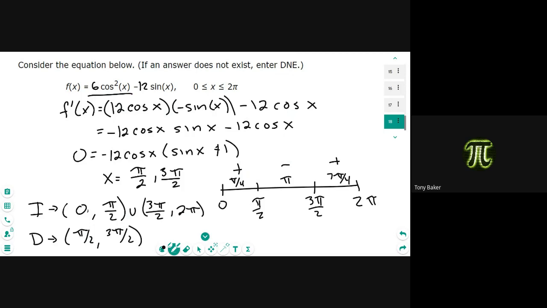It doesn't change our actual answers for the pi over 2 and 3 pi over 2, because sine would only be negative at 3 pi over 2, which is still there. It does switch our increasing and decreasing. It was exactly backwards. Okay, so swap those. Dumb signs.